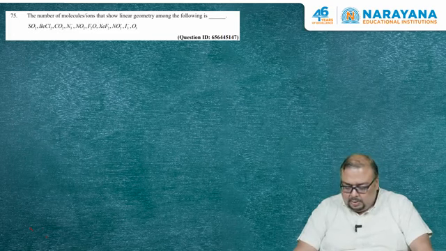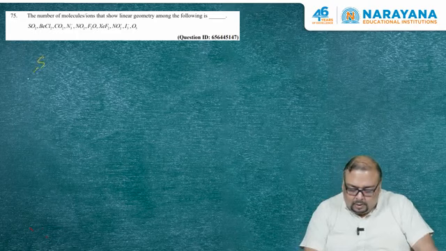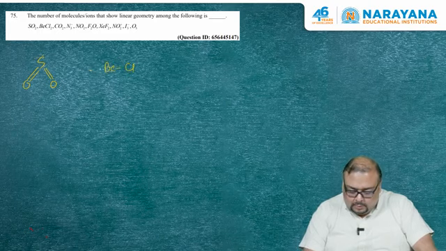The number of molecules/ions that show linear geometry among the following is. Okay, so they are just asking for which of them are linear molecules. So SO2 is a bent molecule. Okay, BeCl2 is linear. It is having sp hybridization.